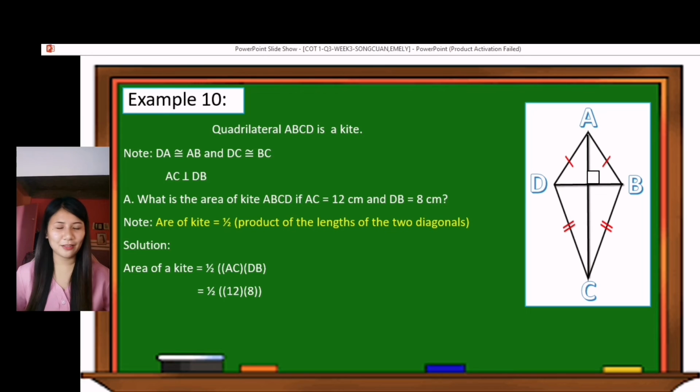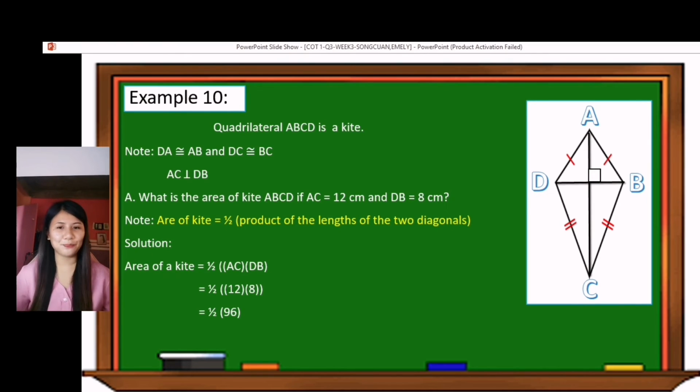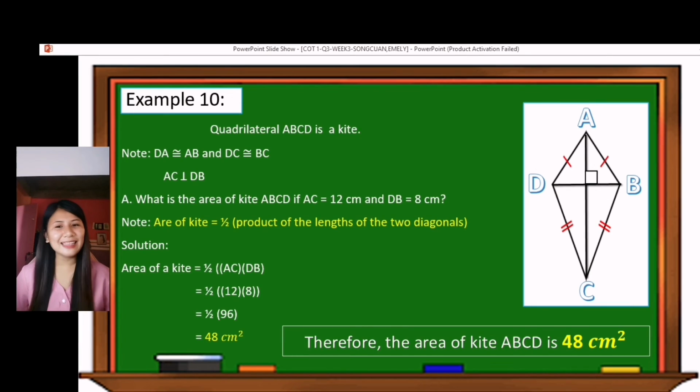Then let's get their product. So 12 times 8 is equal to 96, times 1/2. What is the half of 96? Correct, that is 48 square centimeters. Therefore, the area of kite ABCD is 48 square centimeters.